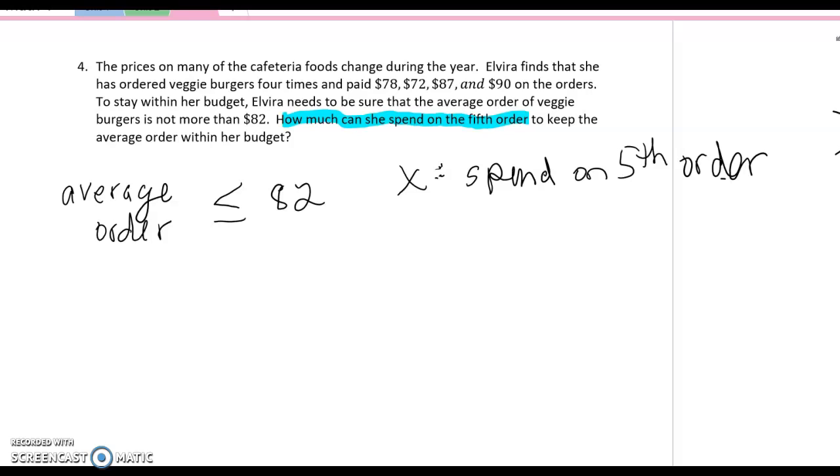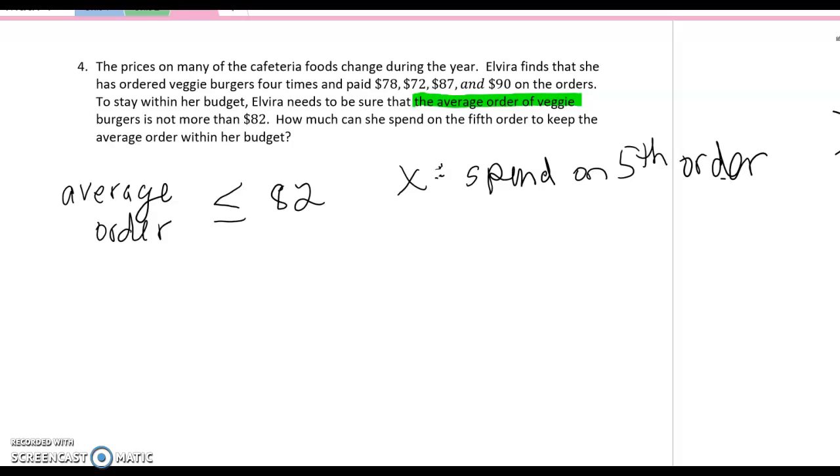All right, so we're going to let x represent the amount that she's going to spend on that 5th order, because that's what we're looking for. Now we need to focus on what I have highlighted, the average order. Again, recall that to find the average of anything, you add up all the numbers that you want to average and divide by the number of numbers.